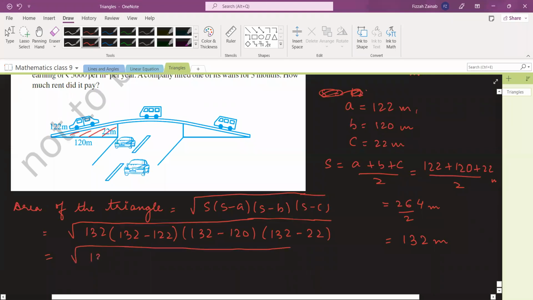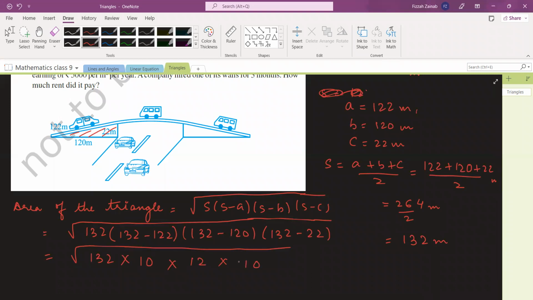Square root of 132 into (132 minus 122), so you will get 10 here, and then 132 minus 120, so you get 12 here, and 132 minus 22, so you get 110. Is that clear?